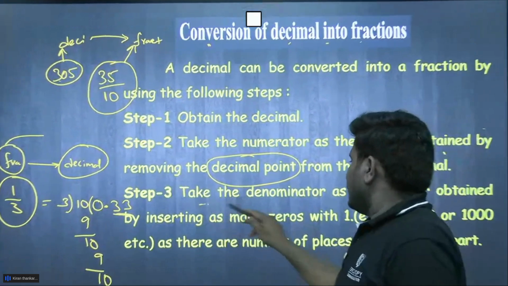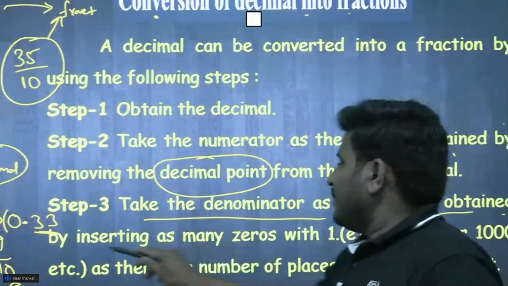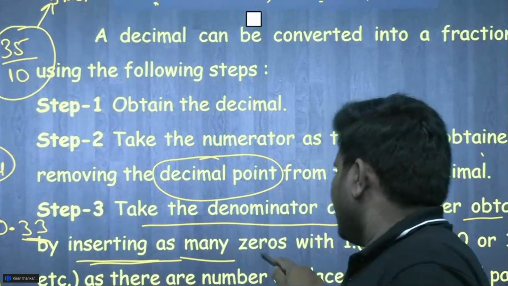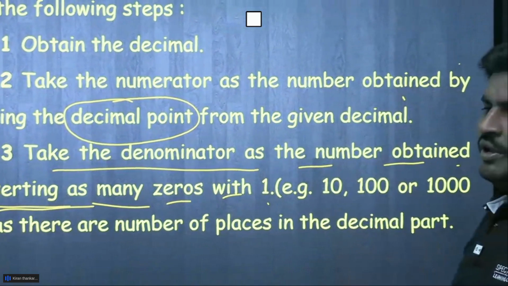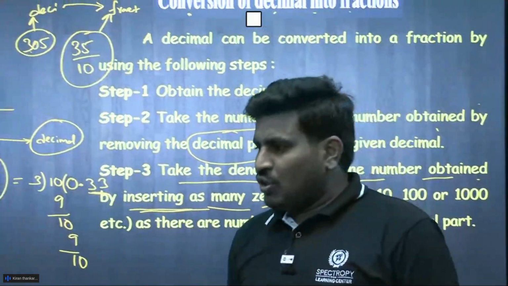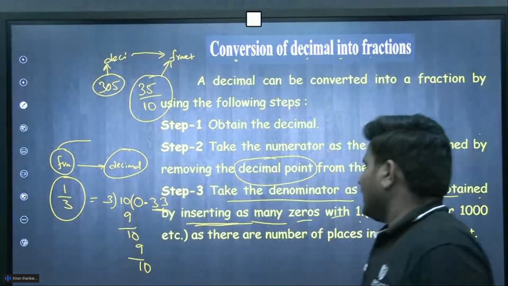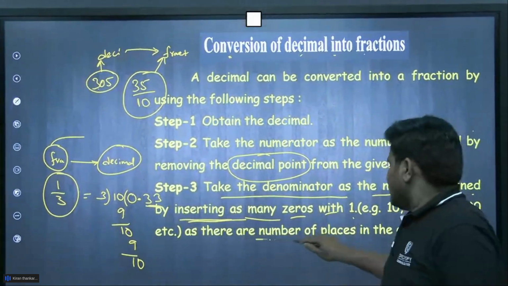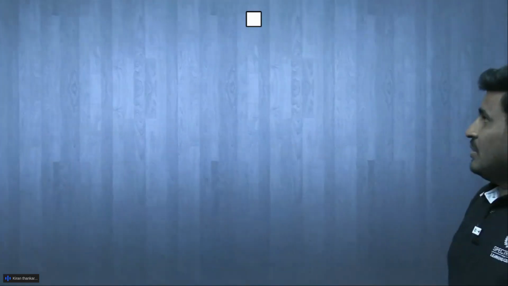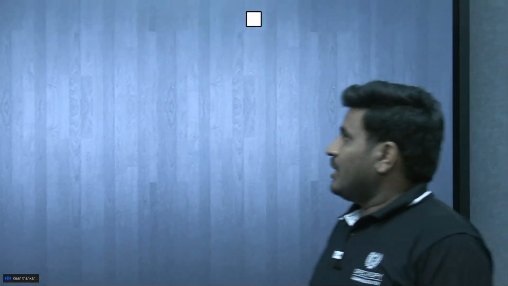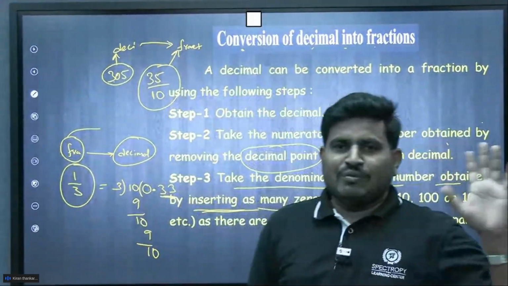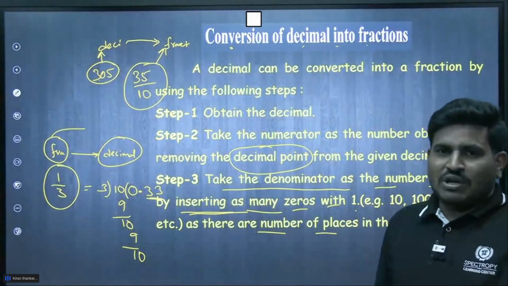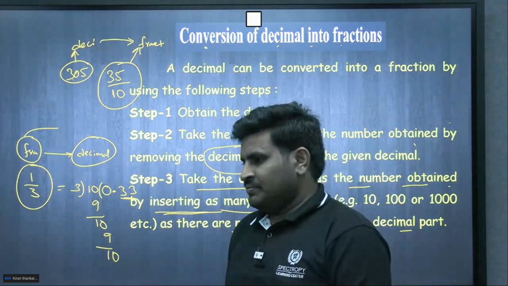Third step, take the denominator as the number obtained by inserting as many zeros after 1 as there are places in the decimal part, for example 10, 100, 1000, 10,000, and so on. So this is the step by step method when converting a decimal number to a fraction.